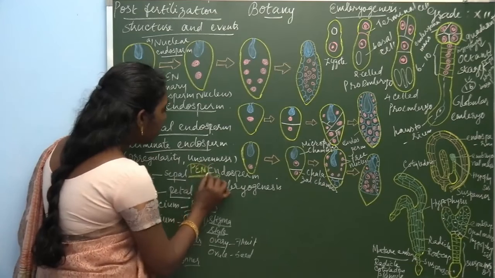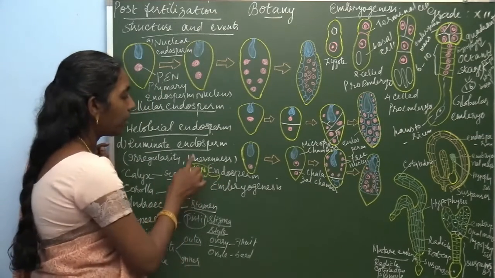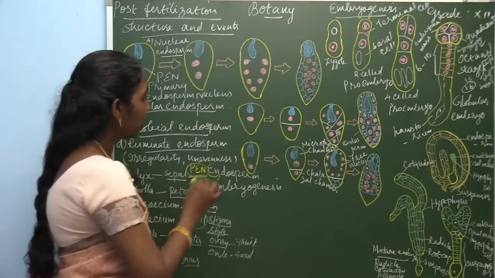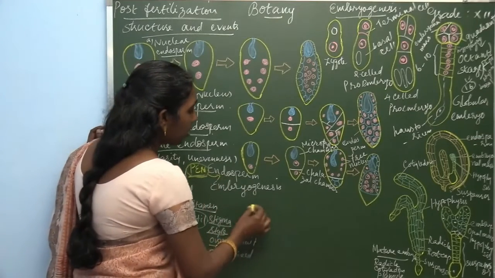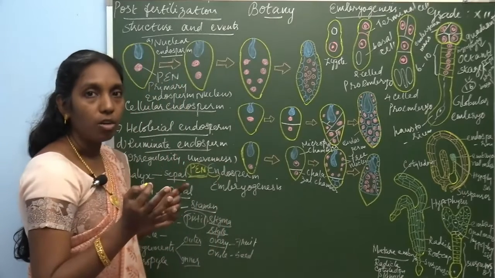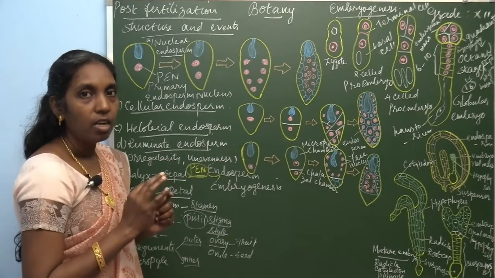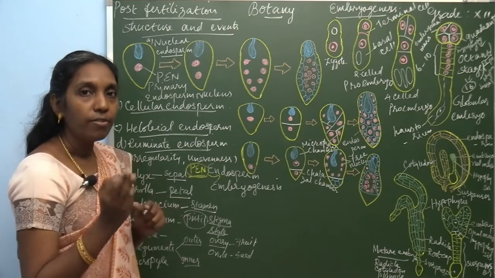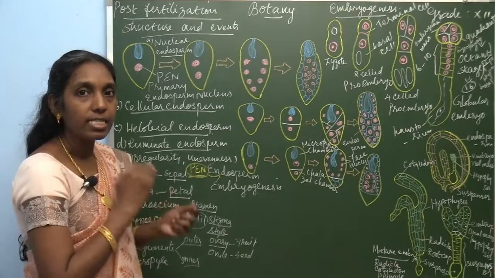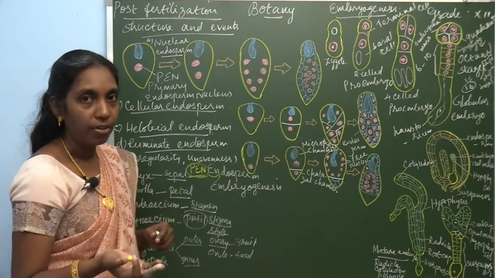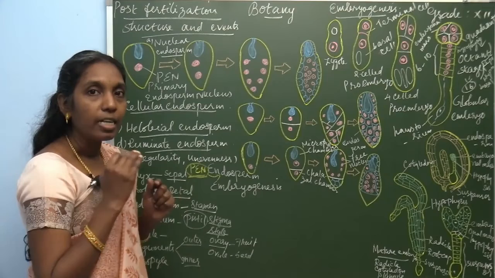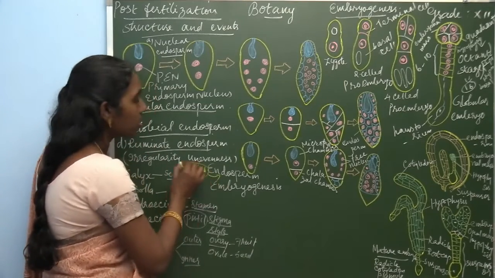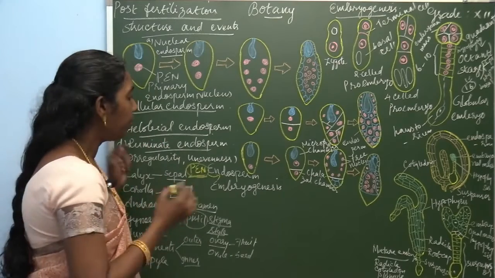How the primary endosperm nucleus forms, we discussed clearly in the previous class. There is fusion of gametes forming the zygote. Two different fusions take place, syngamy and triple fusion, together called double fertilization. The primary endosperm nucleus is the result of triple fusion. Let's see once again how it forms.